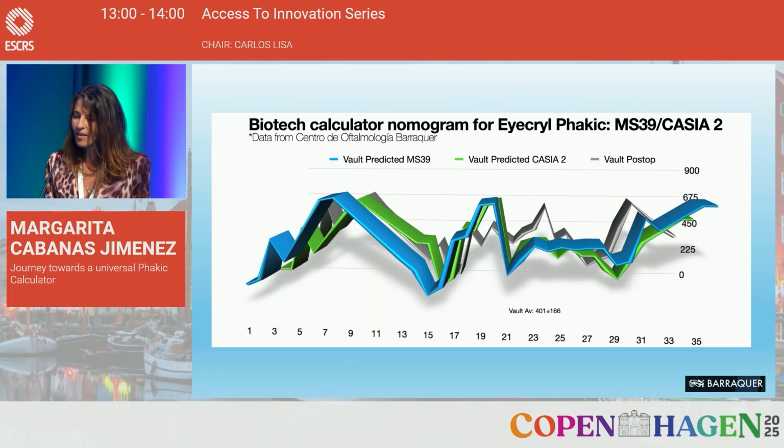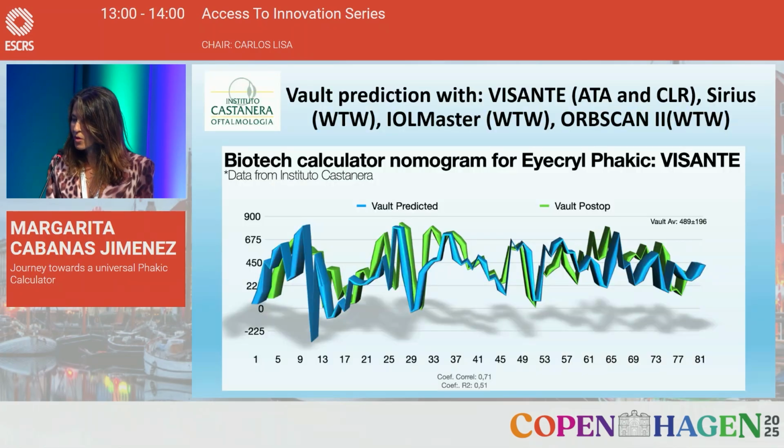Here in this graph, you can see in green, real vault, in blue, MS39 prediction, and in green, Cassia 2 prediction. These lines illustrate the great guidance for our patients we can obtain using this calculator.